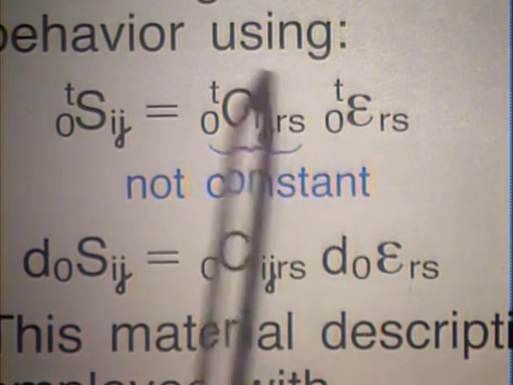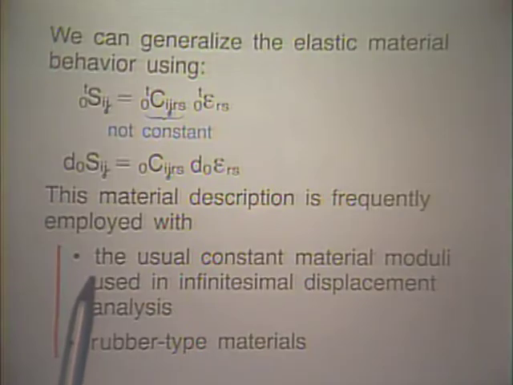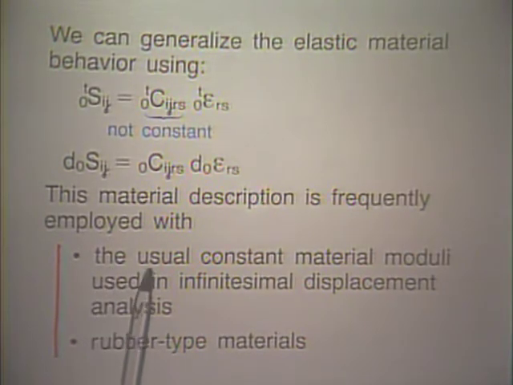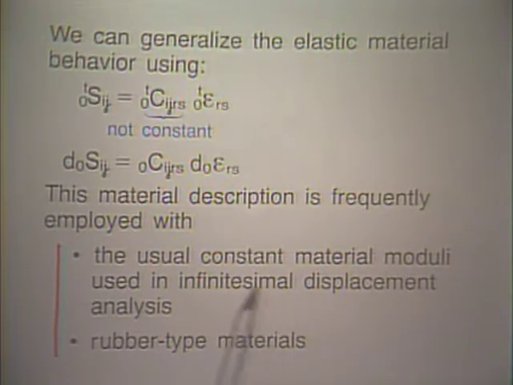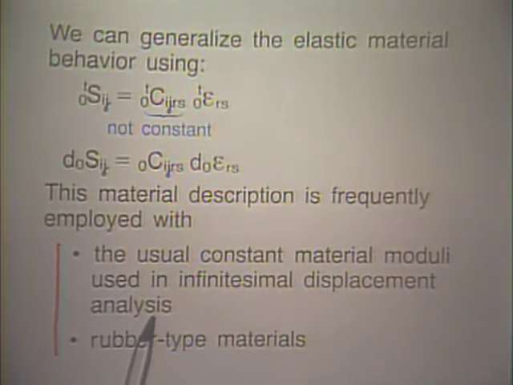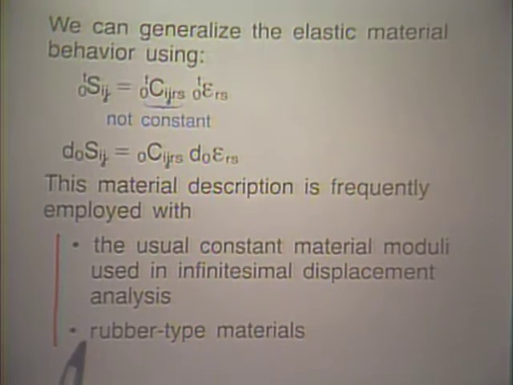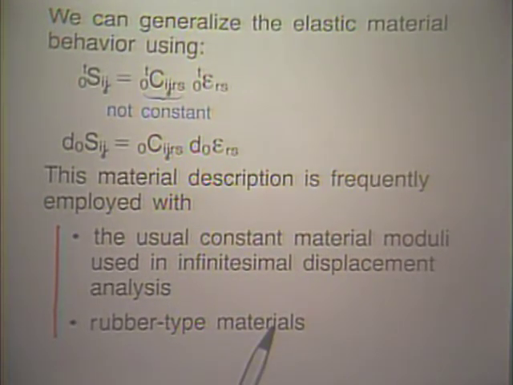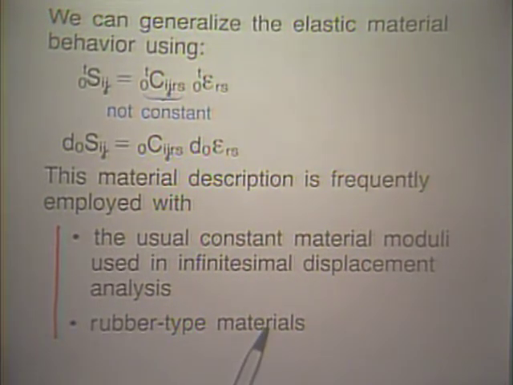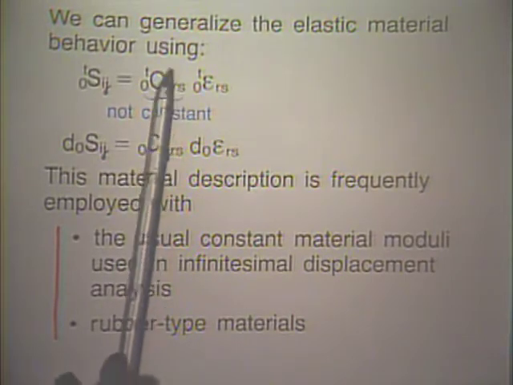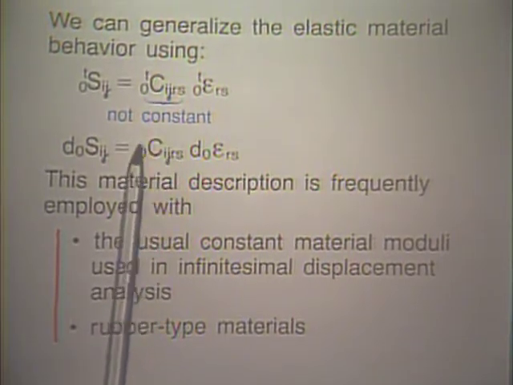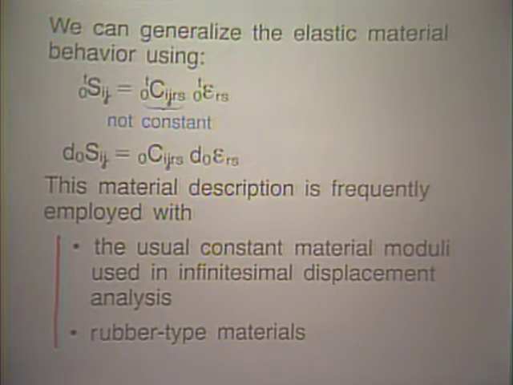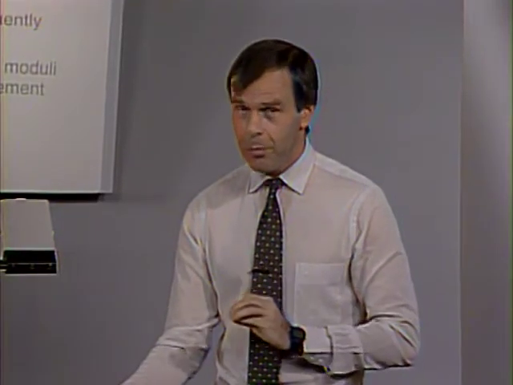This material description is frequently employed in two types of analysis. The usual constant material modeling for infinitesimal displacement analysis, or for rubber type materials I should say, where of course this matrix is not constant and that matrix is not constant either. I'd like to now spend time on discussing these types of analyses.